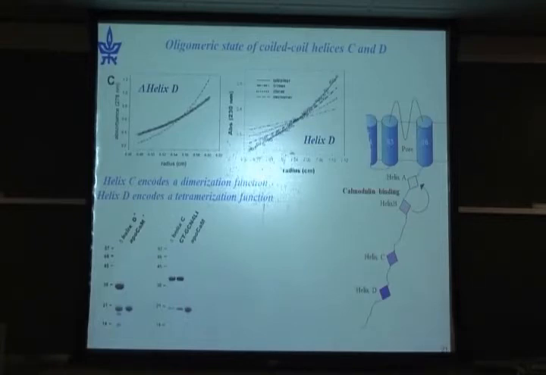Then, again using analytical ultracentrifugation, if you analyze helix D, helix D encodes a tetrameric function. So this proximal domain binds calmodulin one-to-one and does not oligomerize, while the distal part of the C-terminus oligomerizes, where helix C is a dimer and helix D is a tetramer.